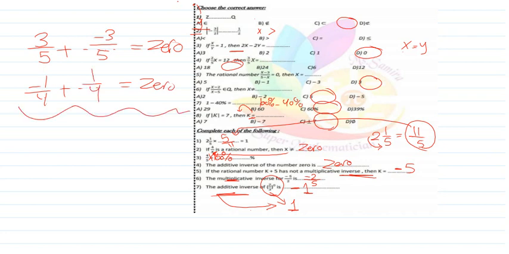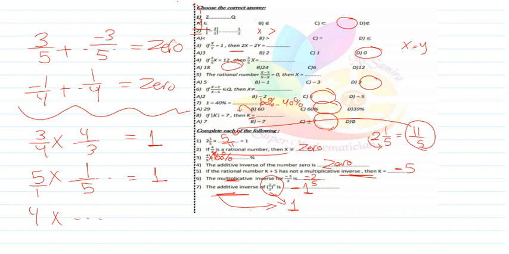And each two multiplicative inverses equal 1, like this. 3 over 4 multiplied by what to get 1? The multiplicative inverse of 3 over 4 is 4 over 3. 5 multiplied by what to get 1? 5 means 5 over 1, so the multiplicative inverse is 1 over 5. Now 4 multiplied by what to get 1? 4 means 4 over 1, so it will be 1 over 4.